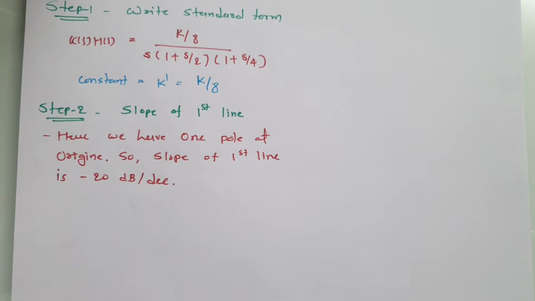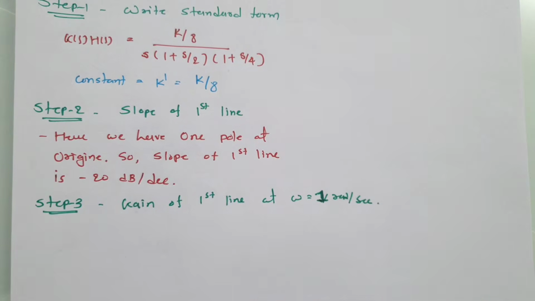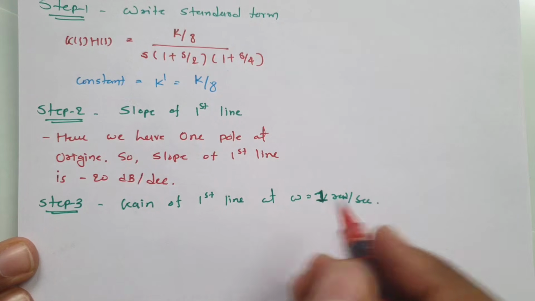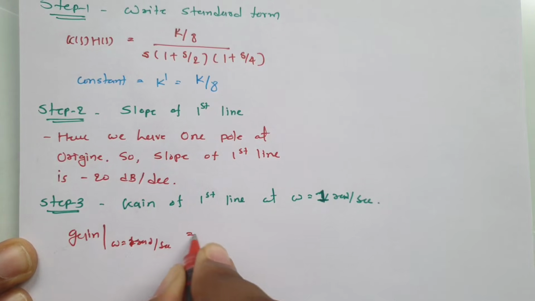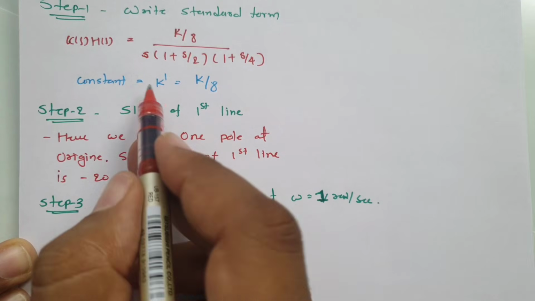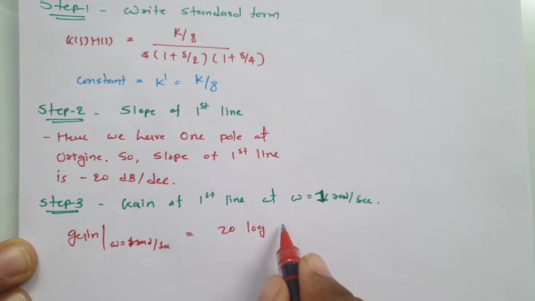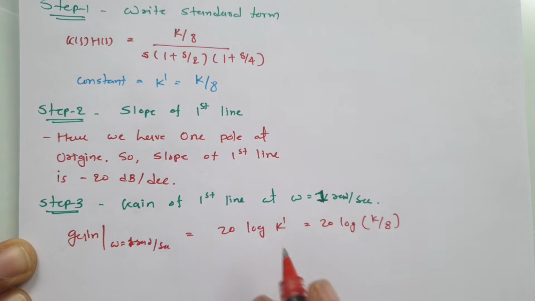Now the third step is to identify the gain of the first line at omega equal to 1 radian per second. The gain of the first line at omega equal to 1 radian per second we can identify as 20 log of the constant. Here the constant is K dash, so that is 20 log of K by 8, right?